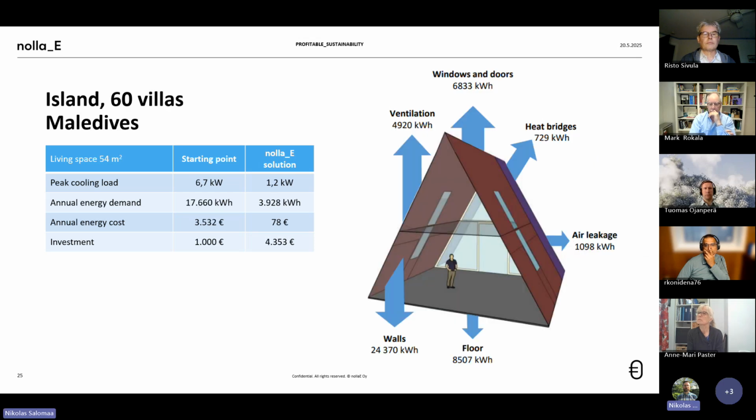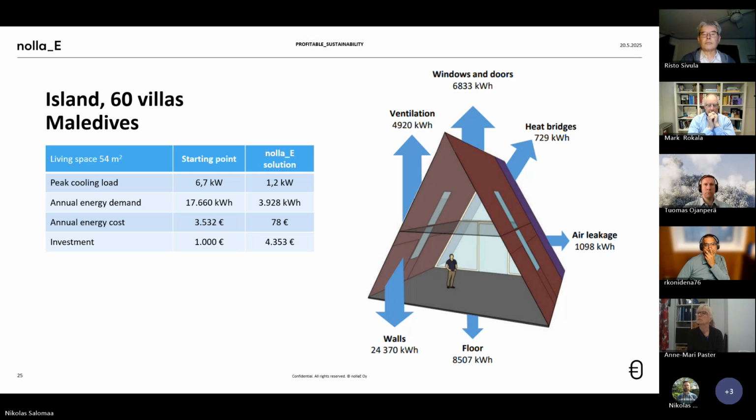And then Maldives, another project, a little bit different. This was an artificial island that was made there, and on this island there were 60 of these villas built.